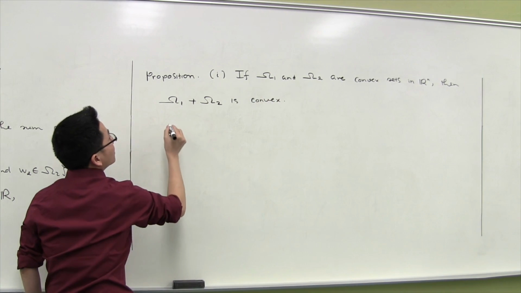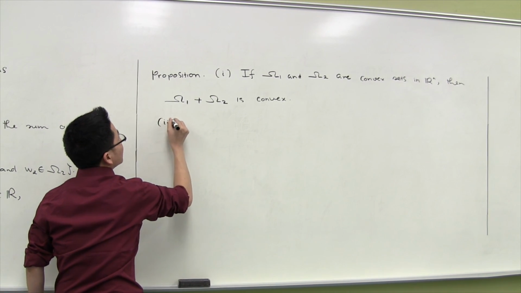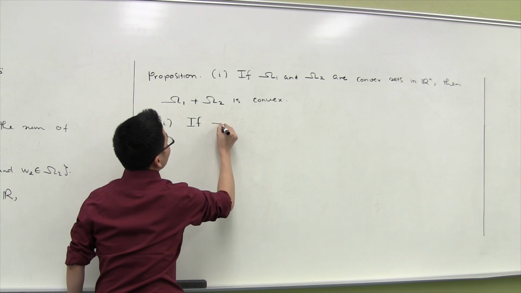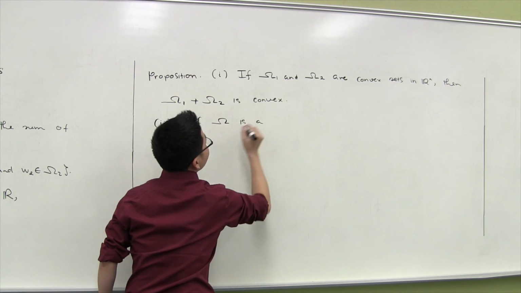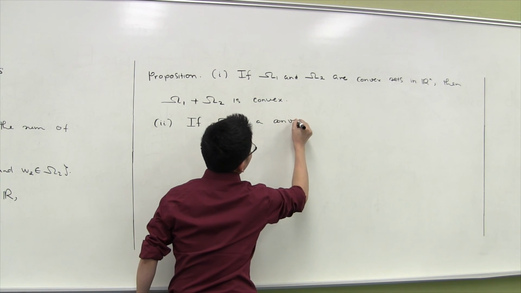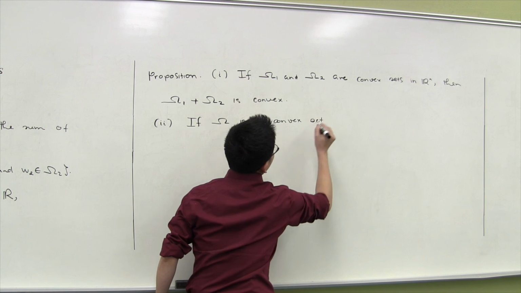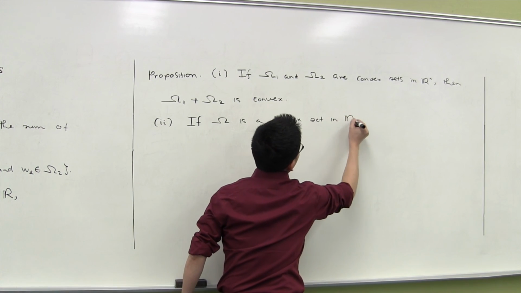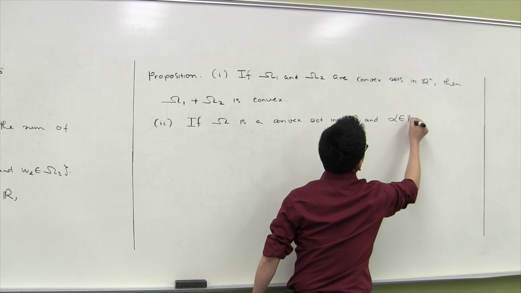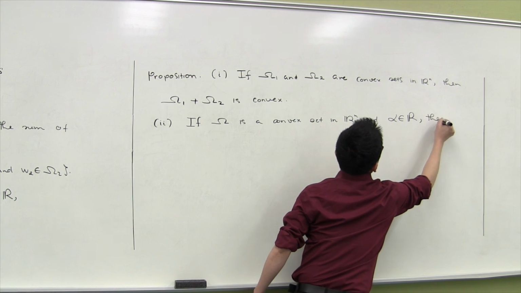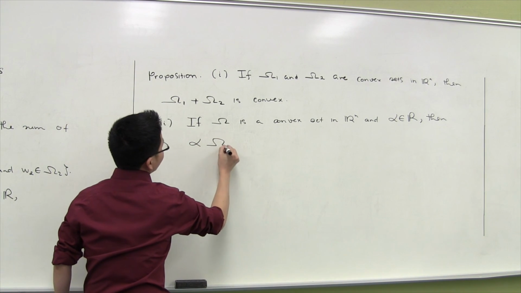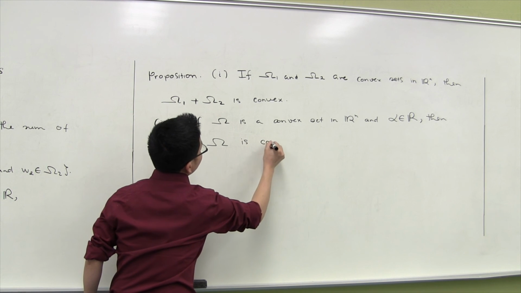Okay, and in the second part, we have this. If omega is a convex set in Rn, and alpha is a real number, then alpha times omega is convex.